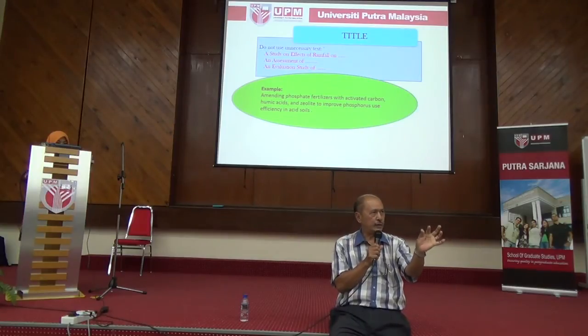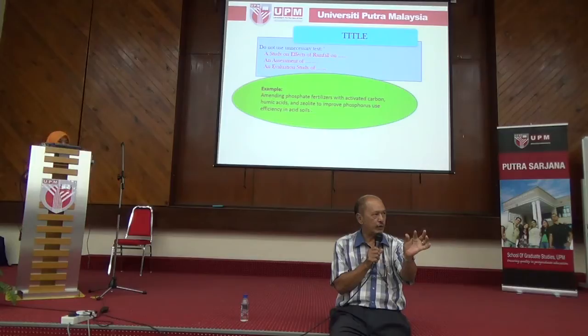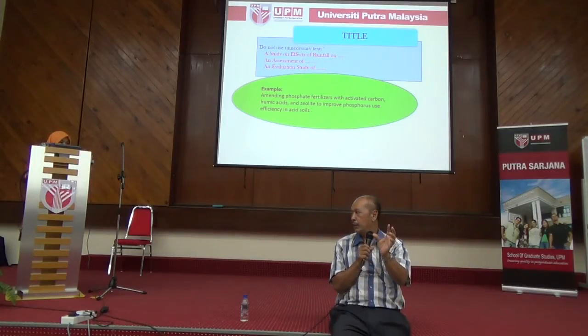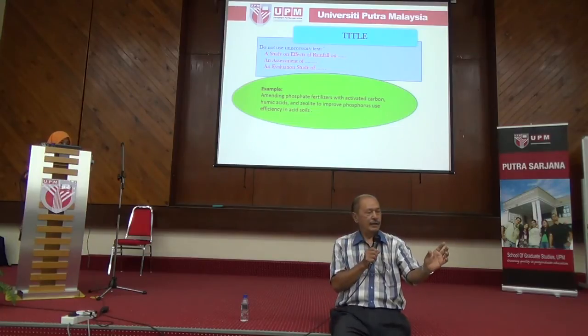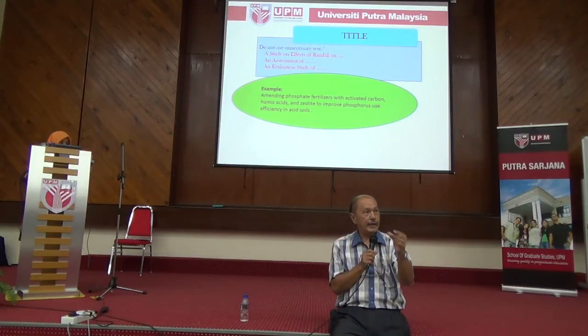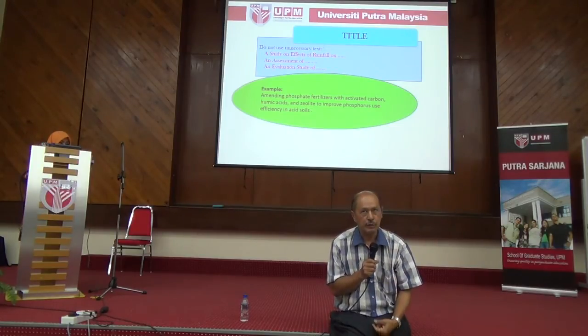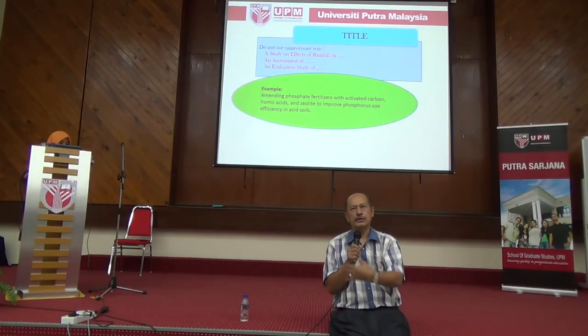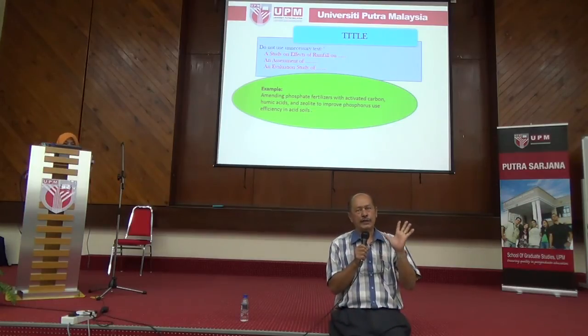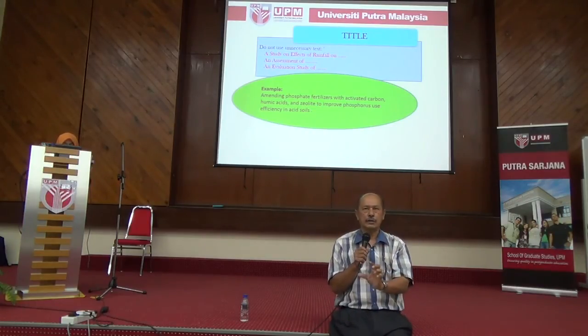The how, that means the method, in 1 or 2 words, and the outcome. Objective, method, and outcome. Outcome means what your research will contribute to the environment, to society, to the economy. You must have at least 2 of those components in a research title, in a thesis title. Yeah?